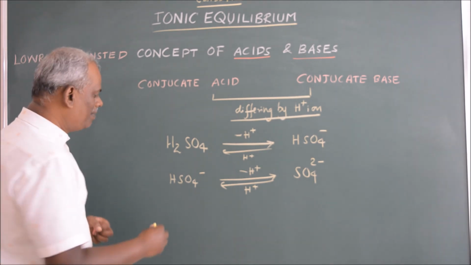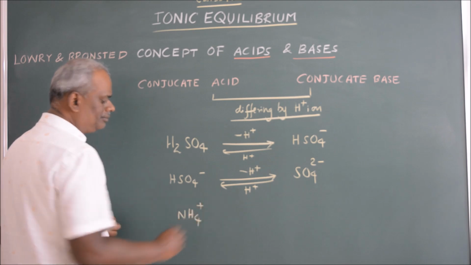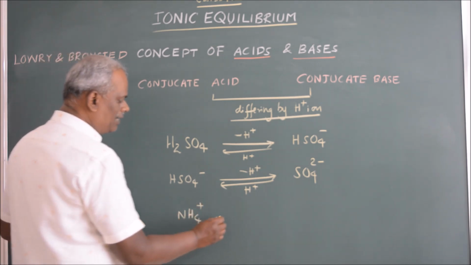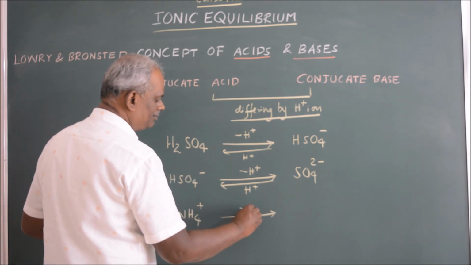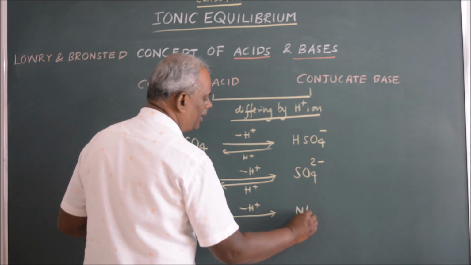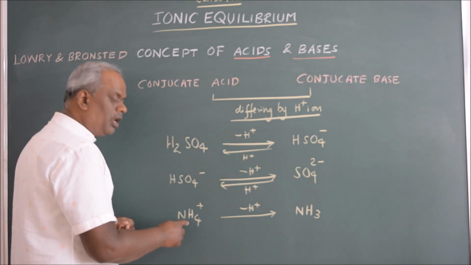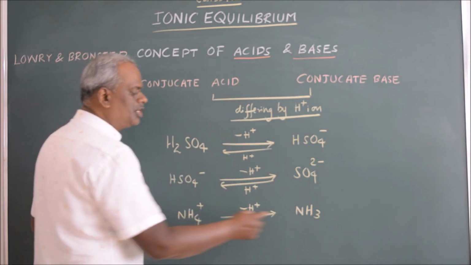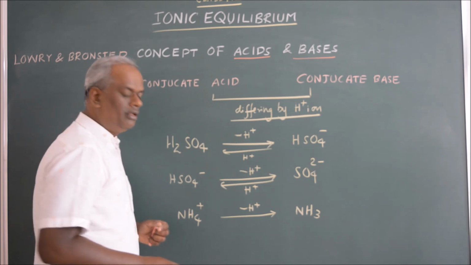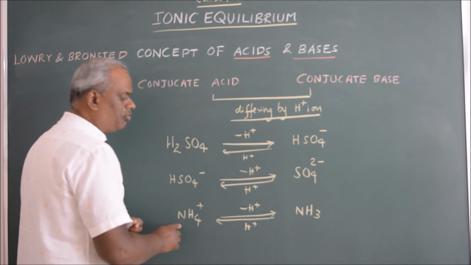Another example I am writing, NH4 plus. After the loss of hydrogen plus, after the proton transfer, it can form neutral NH3. So for NH4 plus, the conjugate base is NH3. When you add hydrogen plus to that, you will get NH4 plus.